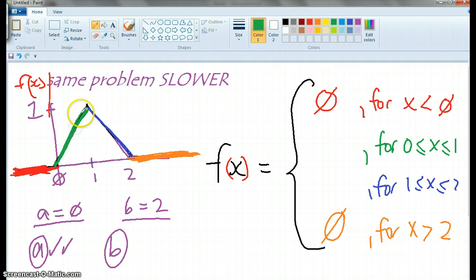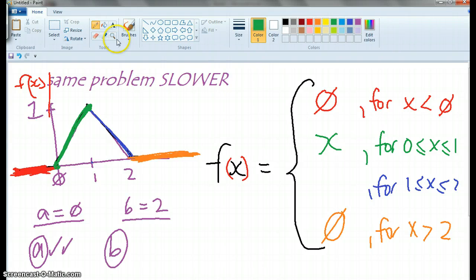So all we need to find is if this equation went on forever, what its equation is. Okay, the equation of that line. And because it goes through the point 0, 0 and 1, 1, we know it's y equals x. Yeah? Or f of x equals x. We're good now?